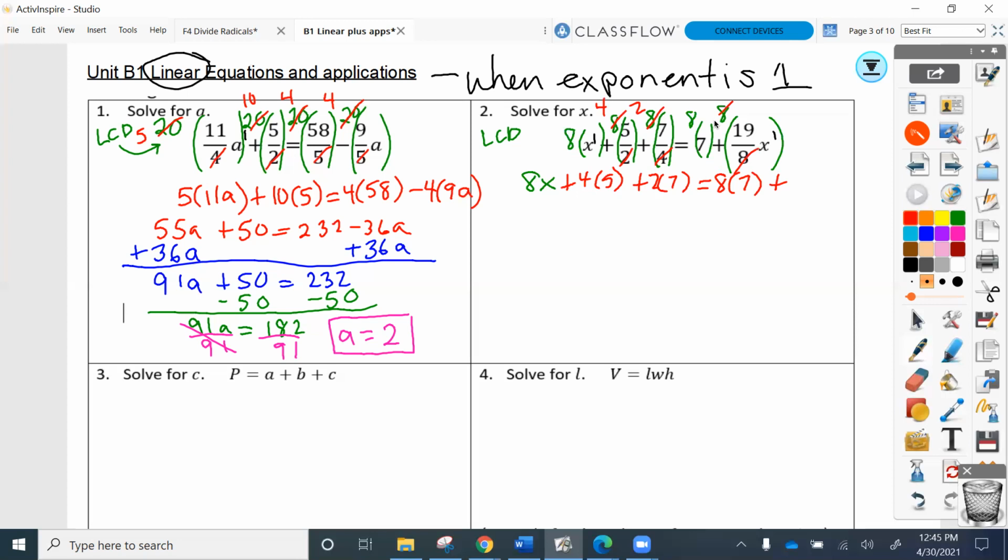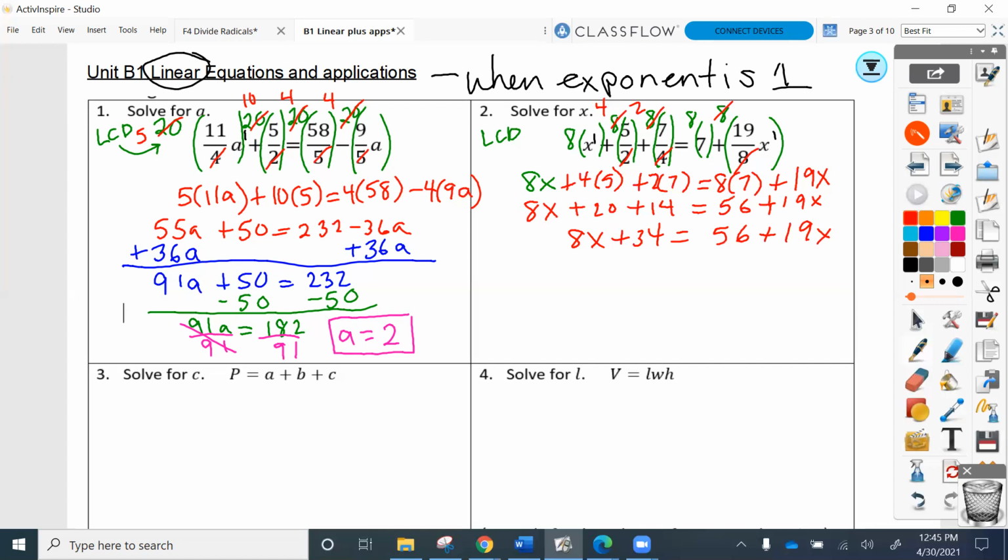And these 8s completely cancel out, and we're left with 19x. If you simplify this, you'll get 8x plus 20 plus 14 equals 56 plus 19x. Add like terms here. We have 8x plus 34 equals 56 plus 19x.